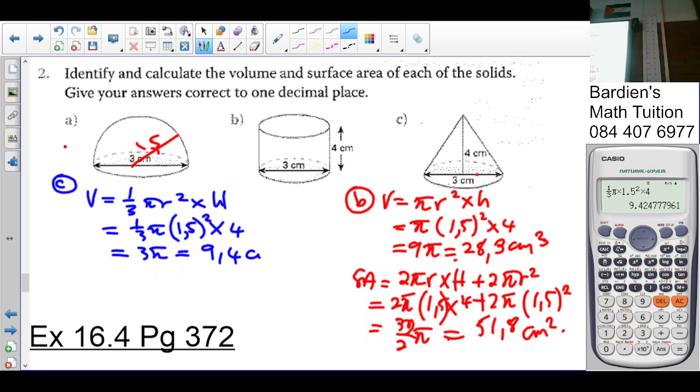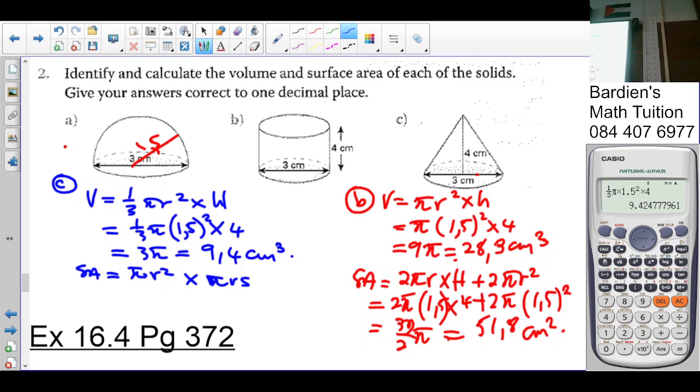9.4 centimeters cubed. The surface area, how do you calculate the surface area? Pi r squared. This means area of base plus pi r s. Is that correct?